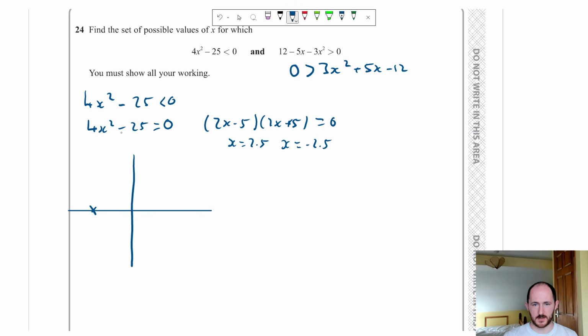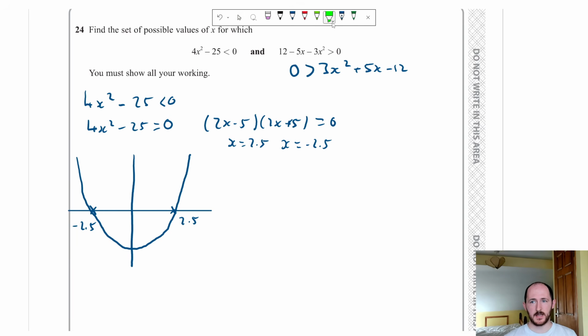So our 2 solutions are 2 roots, 2.5 and minus 2.5. And now if I sketch the graph, is there a happy or a sad face? Well, because it's a positive x squared, it's a nice, big, happy face, symmetrical about the origin.